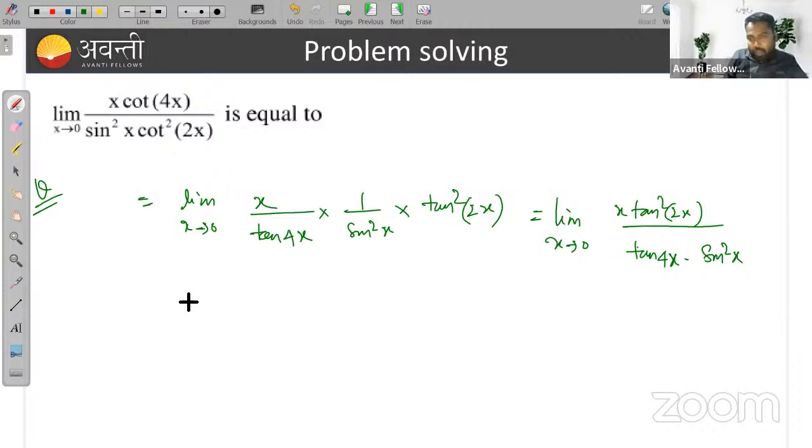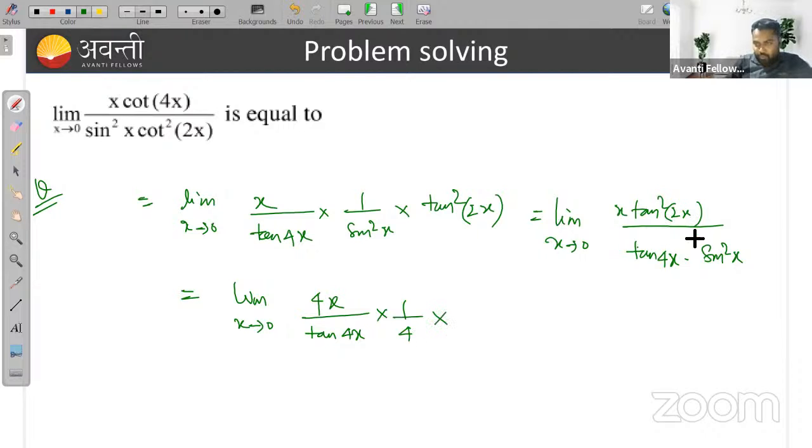Okay, now, limit x tending to 0, if we write 4x divided by tan 4x. So we have multiplied here 4 in the numerator, then we also have to divide by 4, into tan square of 2x. Okay, let's see, 4x into 1 upon... So what we'll do now, we have sin square x here.